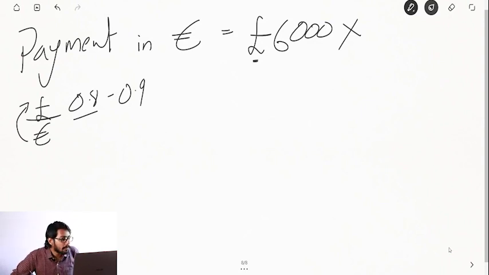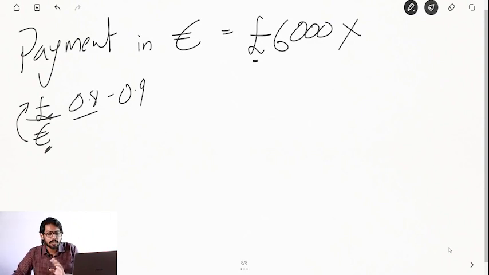Understand what pound by euro means: euro is the base currency, the asset over here. 1 euro is 0.8 pounds, means 6,000 pounds, how many euro? My brain will get stuck when I come to this computation. Listen very carefully: 1 euro is 0.8 pounds, means 6,000 pounds, how many euro?